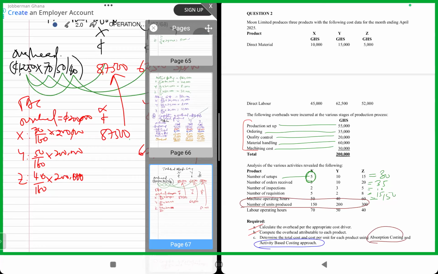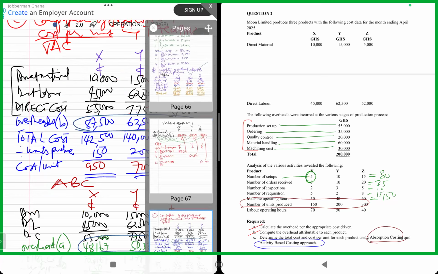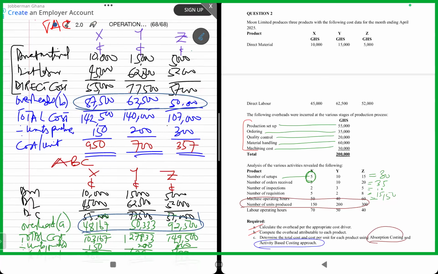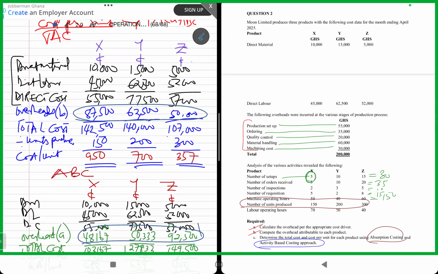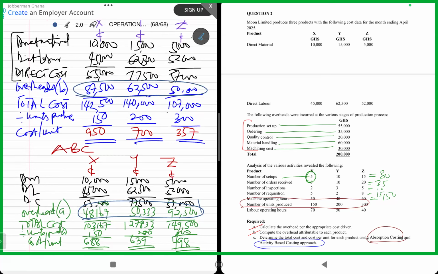That's why what makes the difference between the traditional absorption cost and the activity-based is how the overheads are calculated under both of them. You can see a snapshot from what we have done here: the direct material and labor under the traditional absorption cost are the same as the direct cost under the ABC.